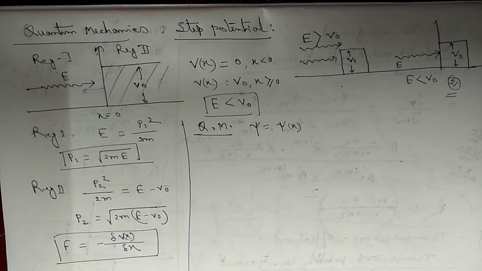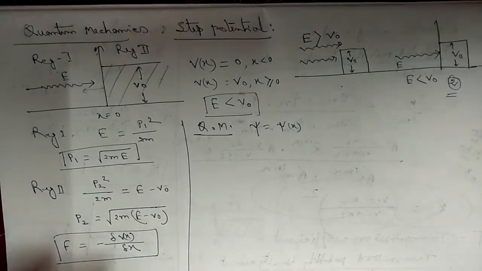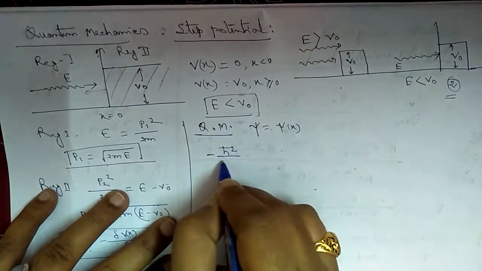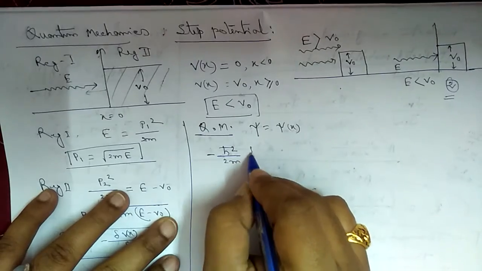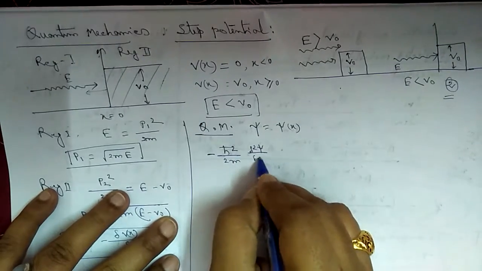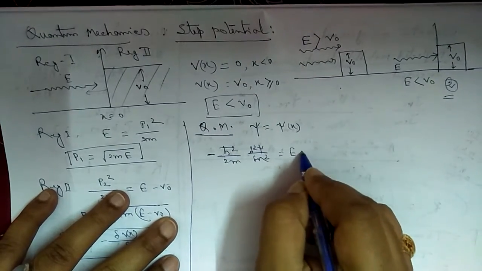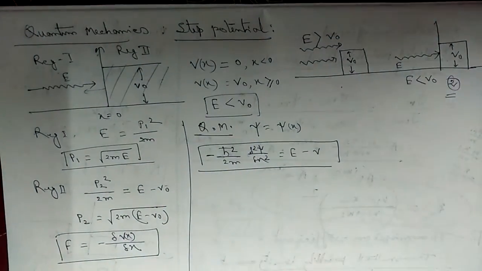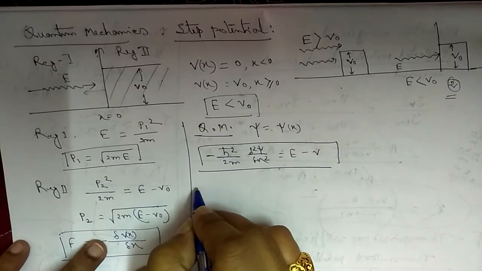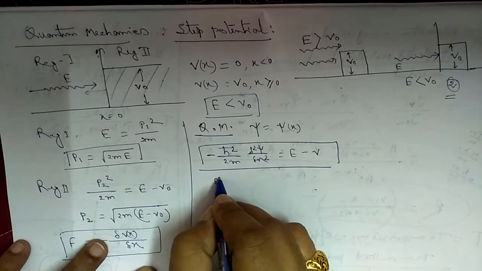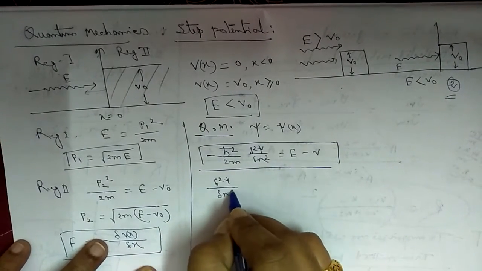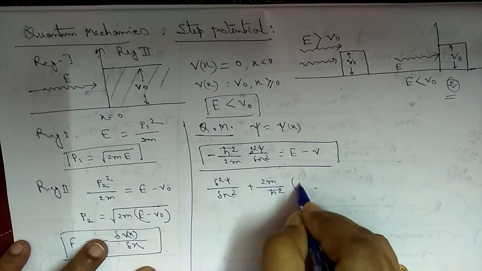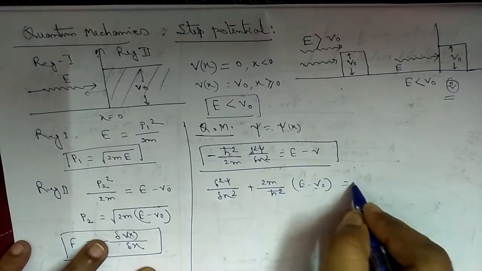So the time independent Schrodinger equation we can write in this way: minus h cross square divided by 2m, del 2 psi by del x2, will be equal to (E minus V) psi, that is the reduced amount of energy E minus V. Now it also can be written as del 2 psi divided by del x2 plus 2m by h cross square into (E minus V0) psi equals 0.